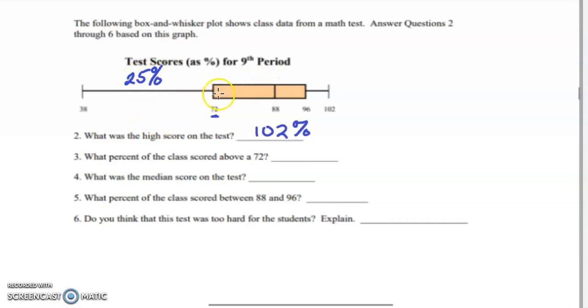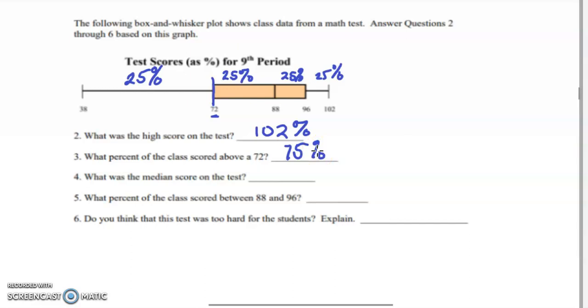The bottom half of the box between the first quartile and our median is 25%. Same with this half of our interquartile range here, 25%. And this top little whisker, this is 25%. So what percent of the class scored above a 72? Well, 25% plus 25% plus 25%. That's 75%. Scored a C, or basically a C or better.